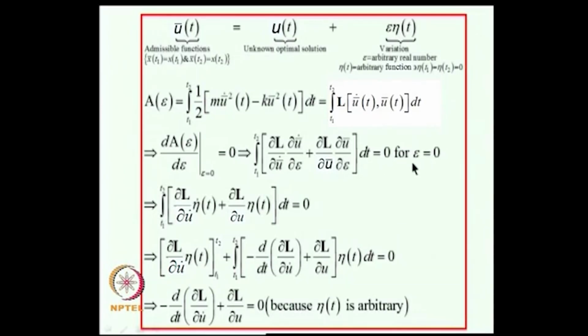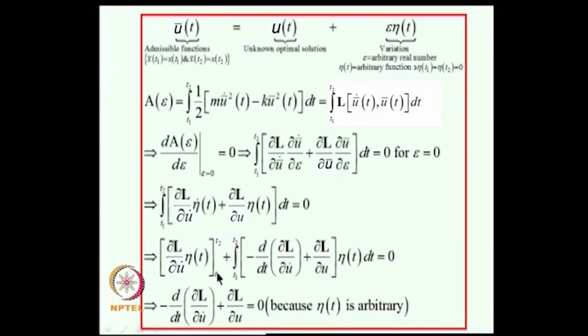Since I am going to impose epsilon equal to 0, I need not distinguish between u bar and u. Consequently, if you differentiate u bar dot with respect to epsilon, I will get eta dot of t. So, I get these equations here, which is equal to 0.